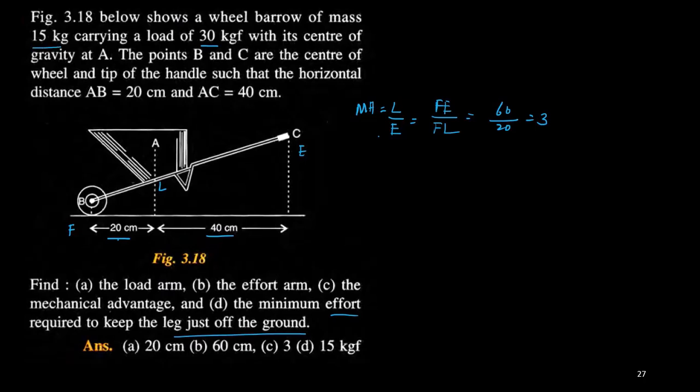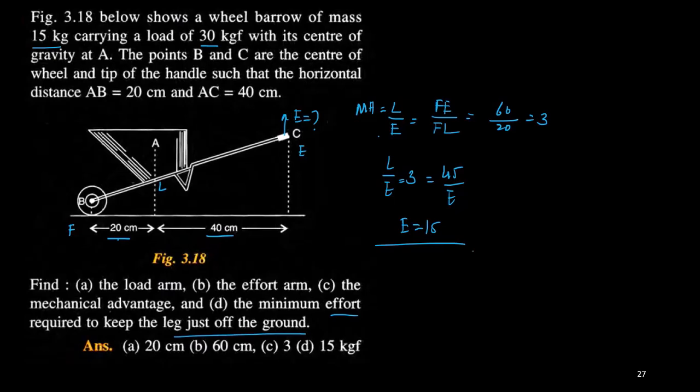Mass is 50 kg, carrying a load of this one. So total amount of load is 30 plus 15, 45. So you are asked to calculate what is E. L by E equals 3. That is equal to 45 by E. So E is 15.